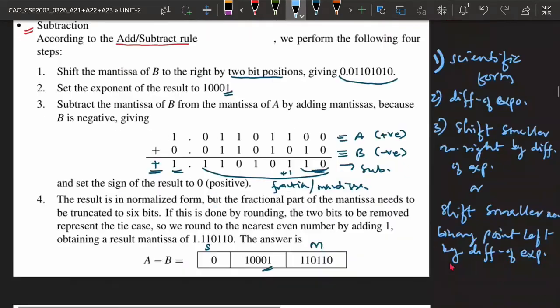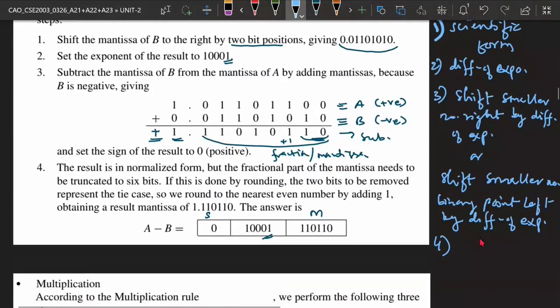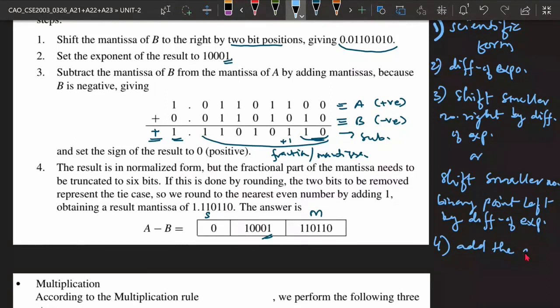Once we have done the shifting, then add the difference of exponent to the exponent of the smaller number.